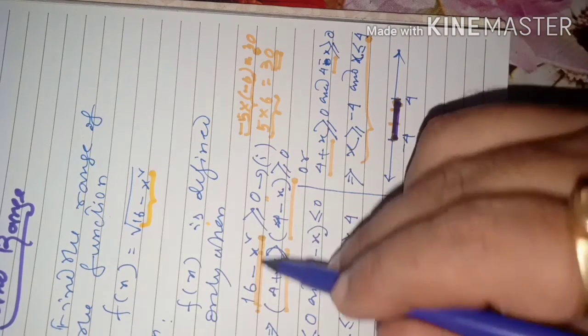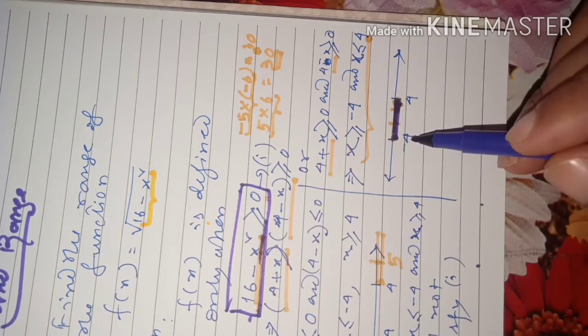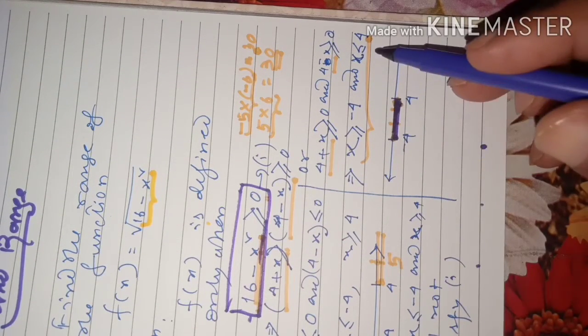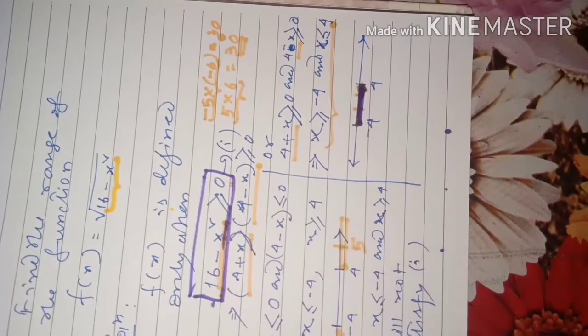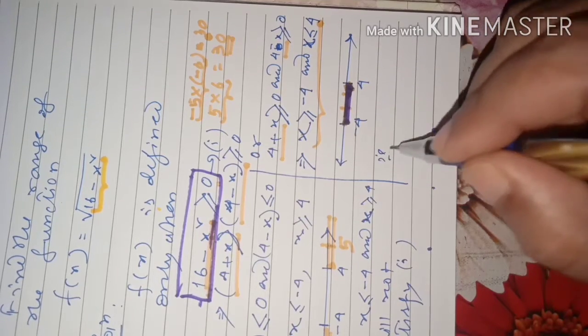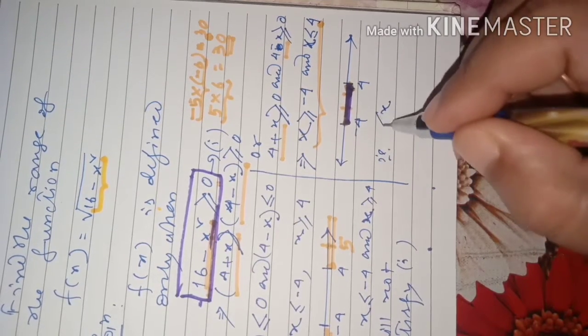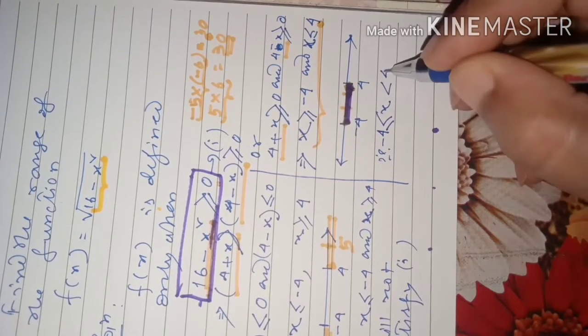This inequation will be satisfied only when x is greater than minus 4 and less than plus 4. So that is what we will say: x lies between minus 4 and plus 4.